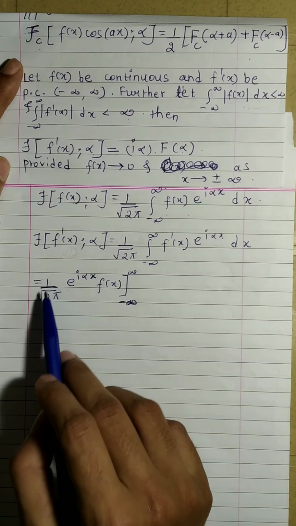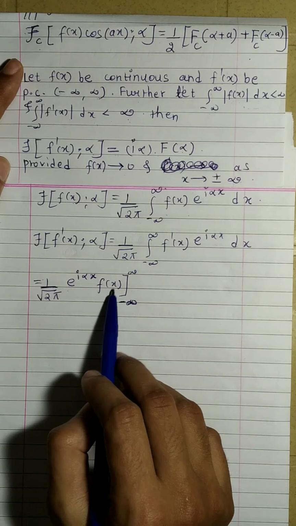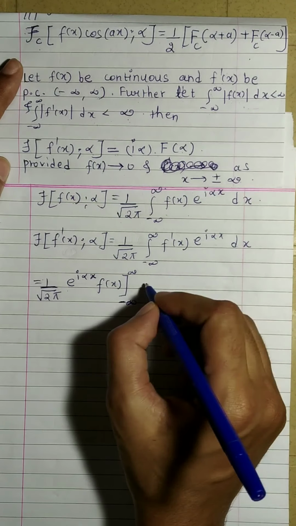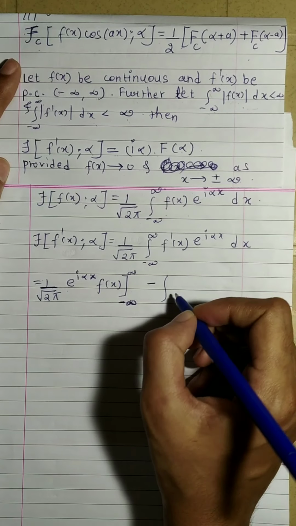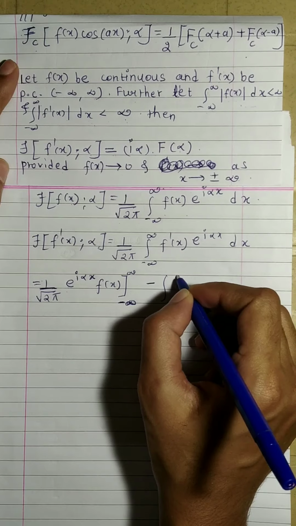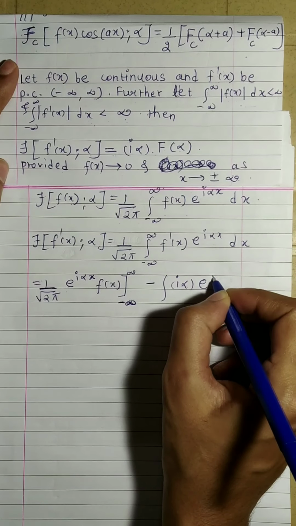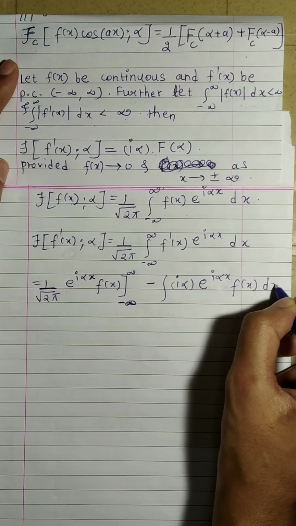So here, by using the integration by parts formula, we will get 1 upon root of 2 pi e raised to i alpha x f(x) from minus infinity to infinity, minus the integral of i alpha e raised to i alpha x f(x) dx.